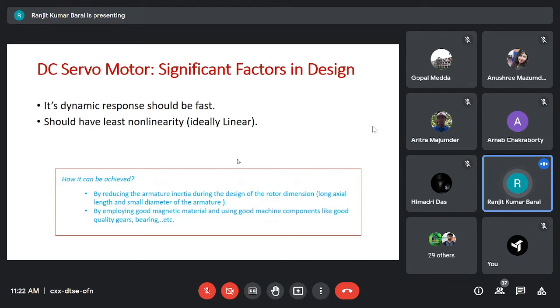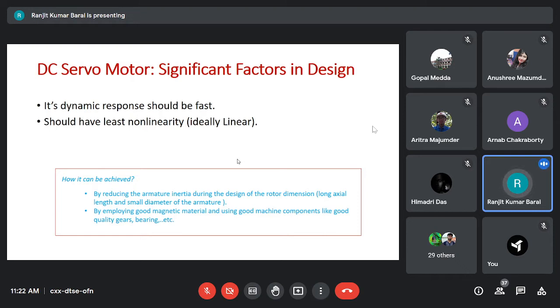So our first attempt to reduce the time constant will be to reduce the moment of inertia, and for that, during the design of the DC servo motor, we have to keep the rotor diameter small.